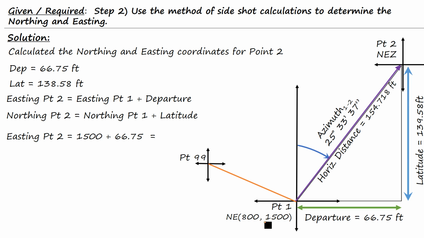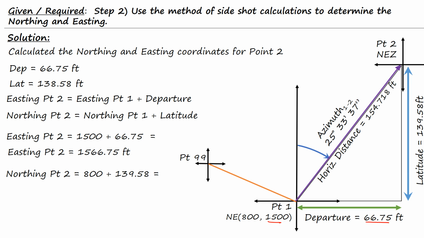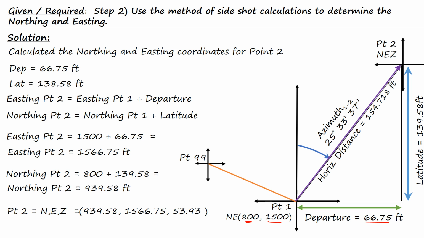Therefore, for the easting of point 2, I'm going to take 1500 and add the 66.75. And that's going to give me an easting of 1566.75. Now I'm going to take the northing of 800 from point 1 and add the latitude, which is 139.58, and I'm going to get a northing for point 2 of 939.58.